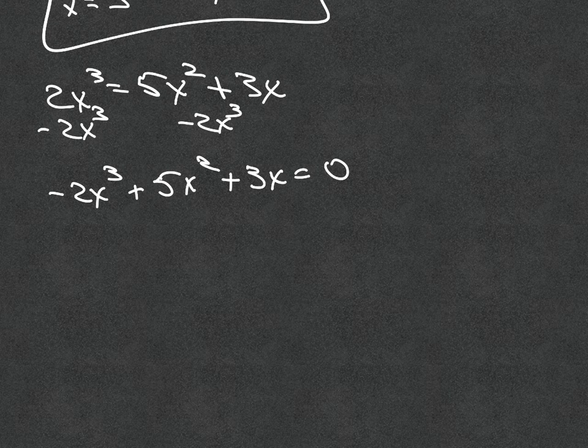Okay? One of the things I don't like is this negative sign here. My leading term has a negative sign because I'm doing it in decreasing order, 3, 2, 1. And with that there, that causes me problems.